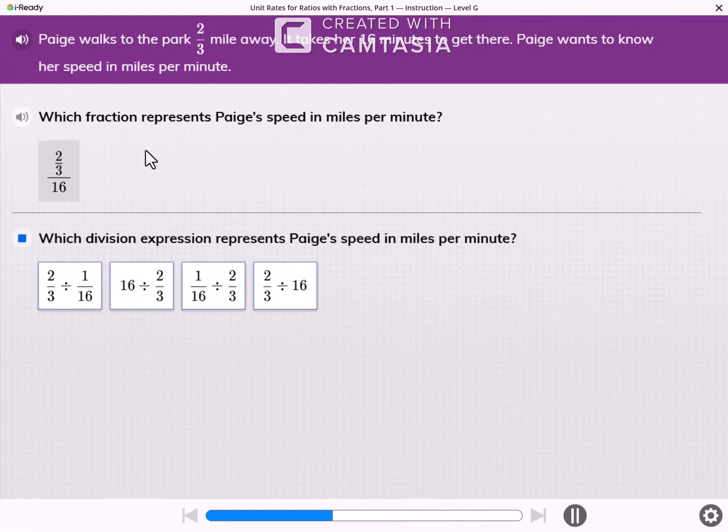Which division expression represents Paige's speed in miles per minute? You can think of a fraction as the number in the numerator divided by the number in the denominator.